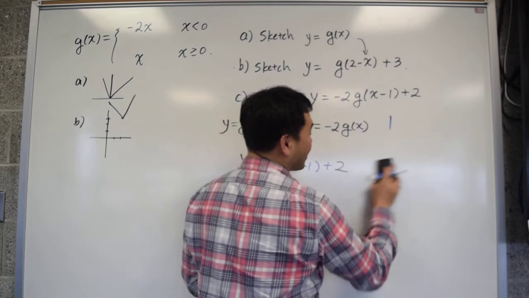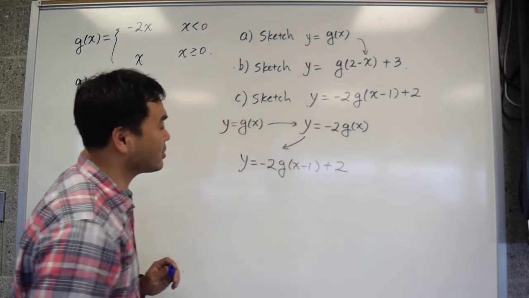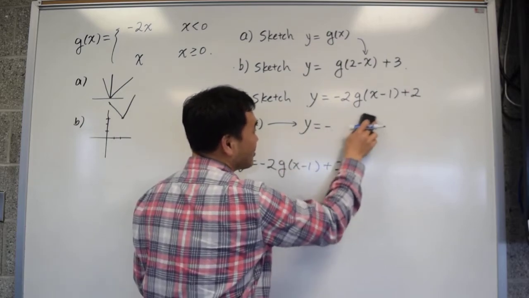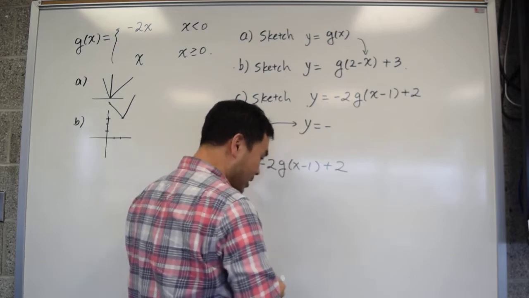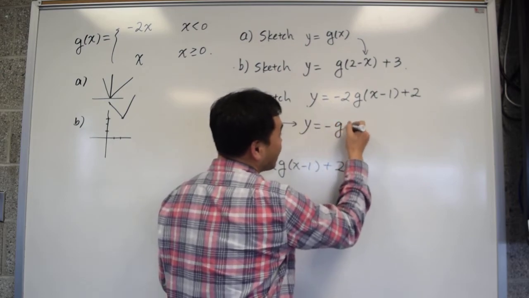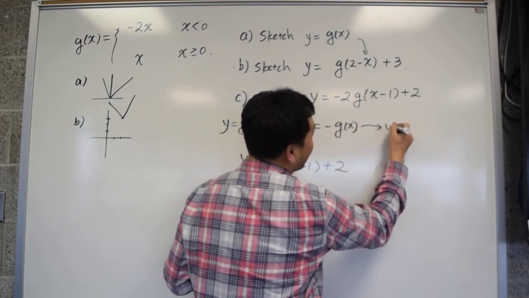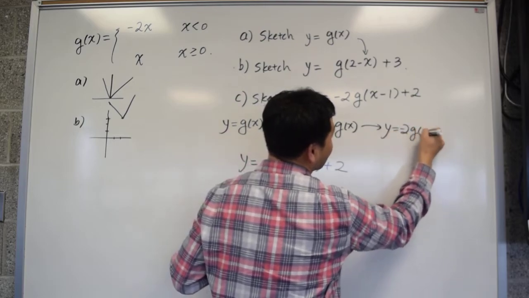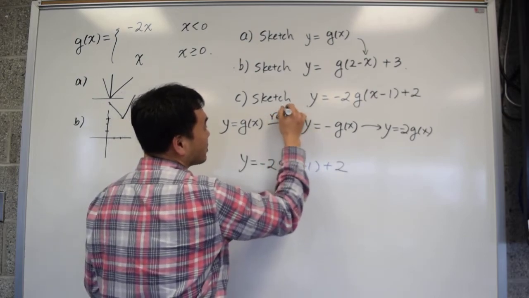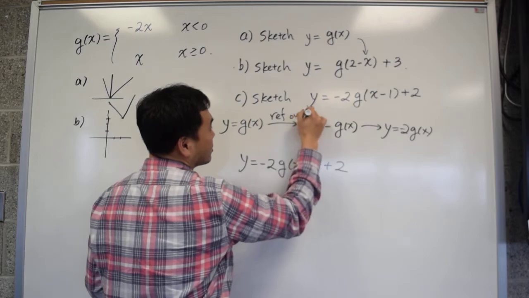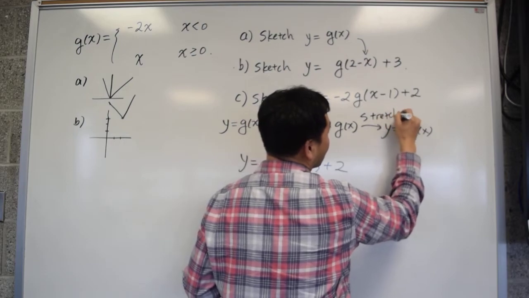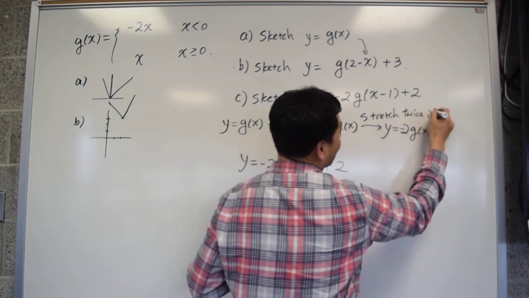If that's not too satisfactory, then let's break this up even further. That might be easier. If what I explained didn't make sense to you, think about it like this. First, y equals g of x, and then y equals negative 2 times g of x. The first one is reflect over the x-axis, and this is stretch twice in the y direction.